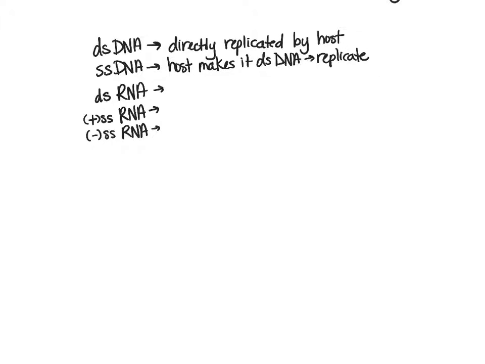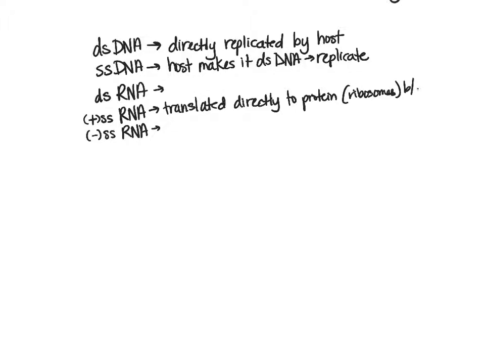So if it is a positive single-stranded RNA, then this can be translated directly. So similar to double-stranded DNA that can be directly replicated, our positive single-strand RNA can be translated directly to proteins by the ribosomes.